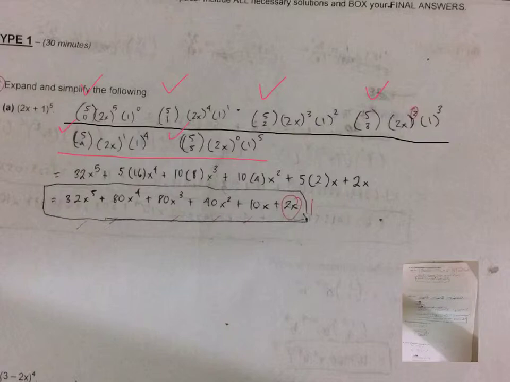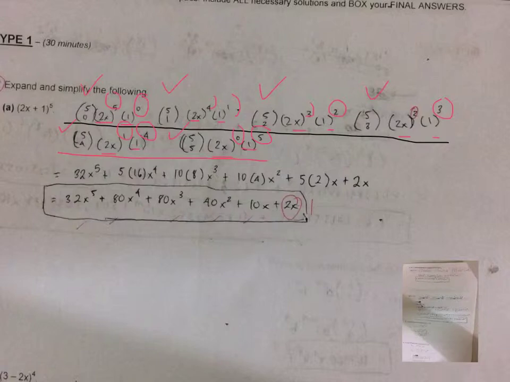And you placed 2x and 1, and the exponent for 2x would be 5, 4, 3, 2, 1, 0. And then for the 1, you start with 0, 1, 2, 3, 4, and then 5. So that's correct.